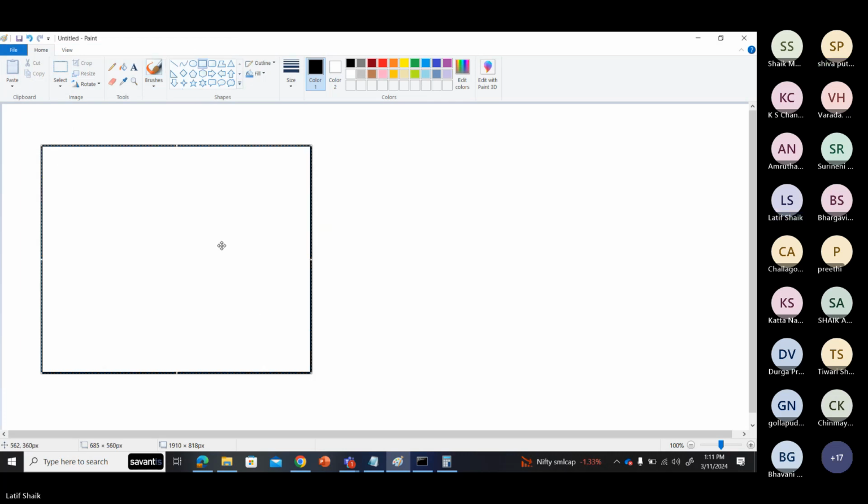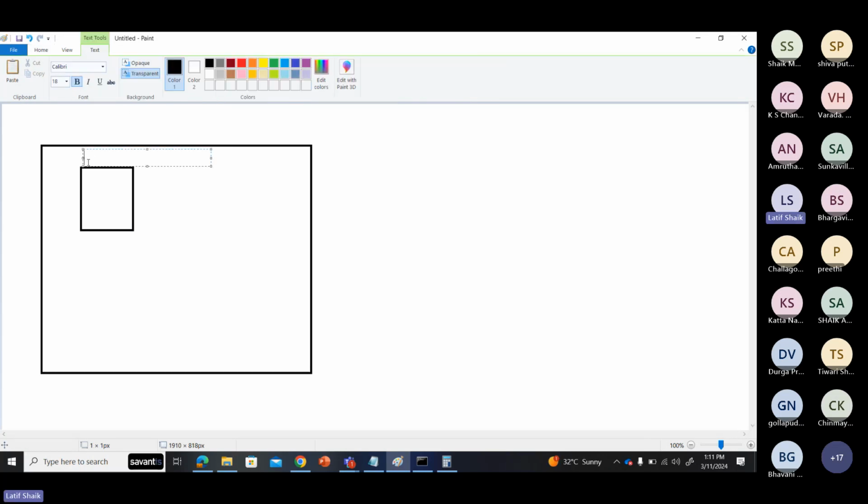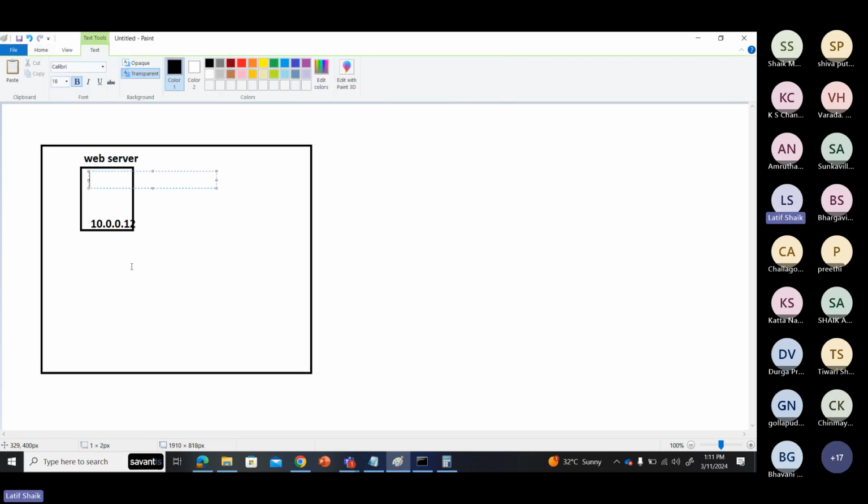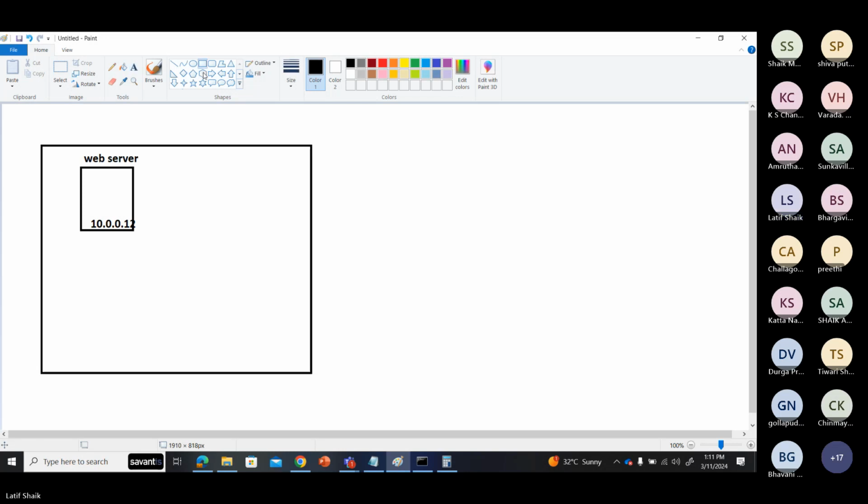In my organization, I have my own private network. I have a server, because if we are able to access websites, there is a web server. This web server's IP address is, for example, 10.0.0.12. It is a web server in my private network, and there is a website inside.